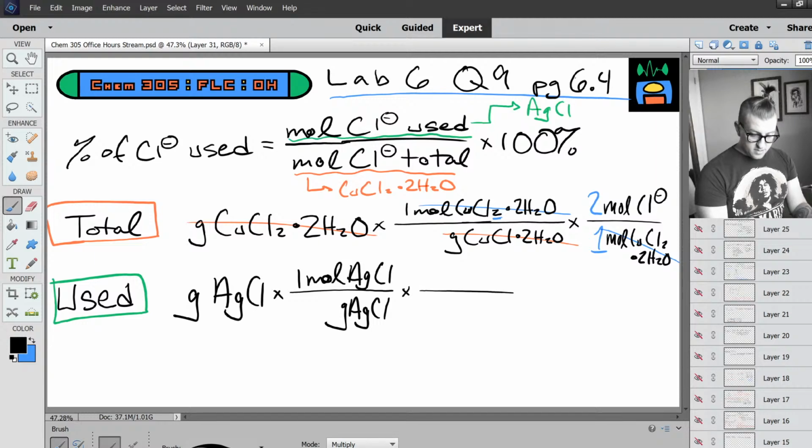Then, this is all well and good, right? Silver chloride cancels. We need to do one more conversion because we don't want to know the moles of silver chloride formed. We just want the moles of chloride ion.